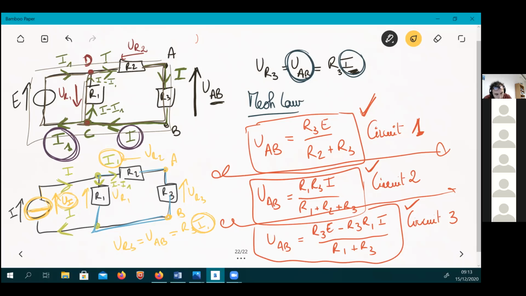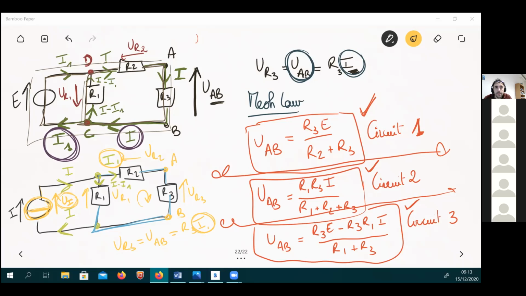So you apply the mesh law here to get the current I1 as a function of I, but I is known because it's delivered by the current generator. So you're done. Is it clear? Yes, thank you. Perfect.